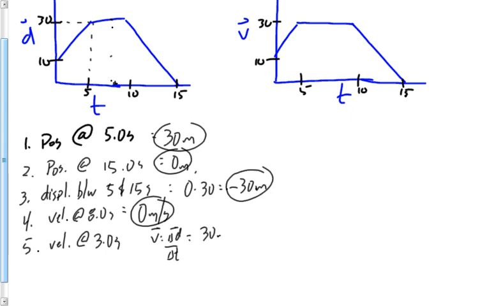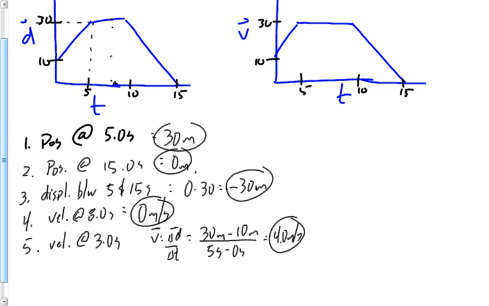That's the final minus the initial for that interval over 5 minus 0. That's the final minus initial time for that interval. So delta y over delta x or delta d over delta t. That gives me 4.0 meters per second. That's the velocity anywhere between 0 and 5 seconds, including at 3 seconds.